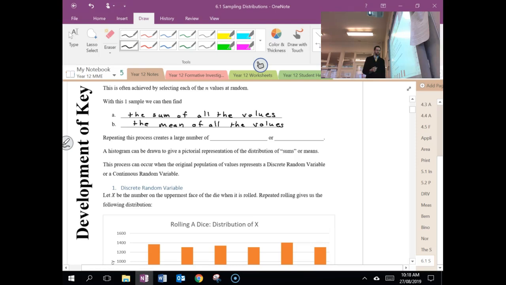And so if I repeat this process, I'm going to get a lot of means and a lot of sums. In fact, I could get so many sums and means that I could actually draw a histogram or a column graph of my sums and my means.